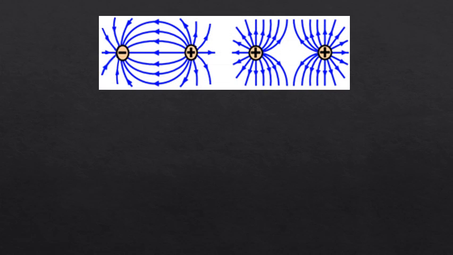Okay, so finally let's look at how the electrical fields interact in terms of two point charges. So you can see a positive and negative charge. You can see that the electrical field direction is going from positive to negative, and there's a strong force moving towards the negative charge, and that's why we have this force.